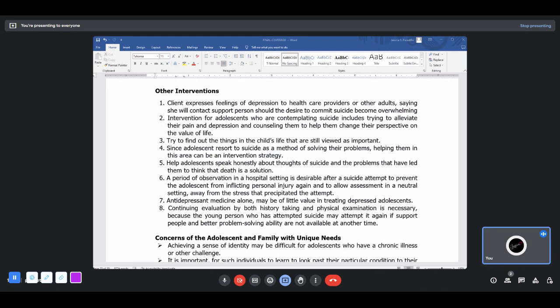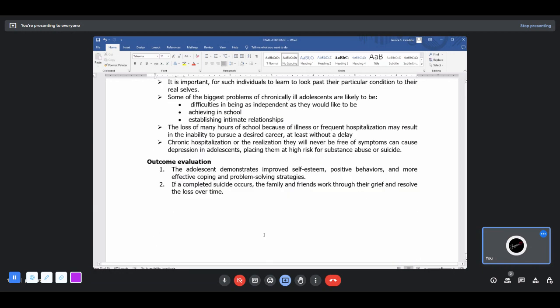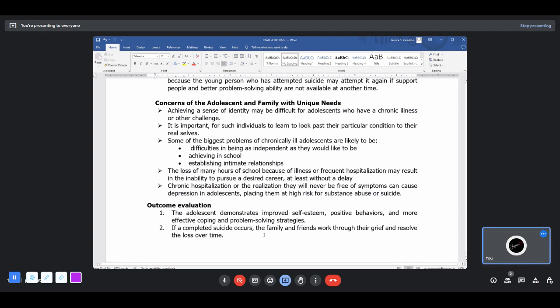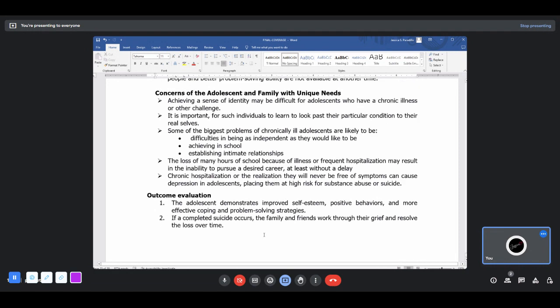Okay? We have also concerns for the adolescents and family with unique needs. Okay? Achieving a sense of identity may be difficult for adolescents who have a chronic illness or other challenges. It is also important for such individuals to learn to look past their particular condition to their real selves.